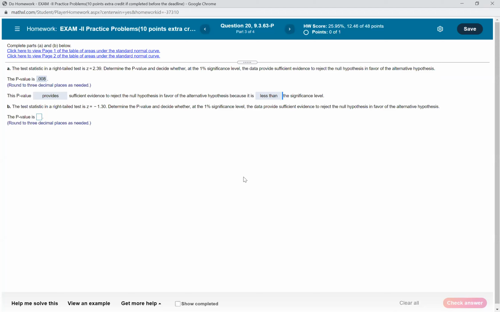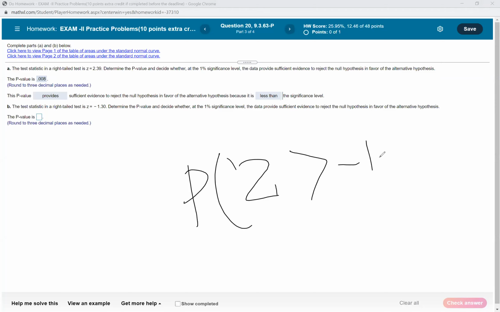Okay, the test statistic in a right-tailed test is negative 1.30, and determine the p-value. So this p-value is for sure greater than 0.5, because this is a right-tailed test and z is a negative number. So the probability will be the probability of z greater than negative 1.30. So it will be greater than 0.5.